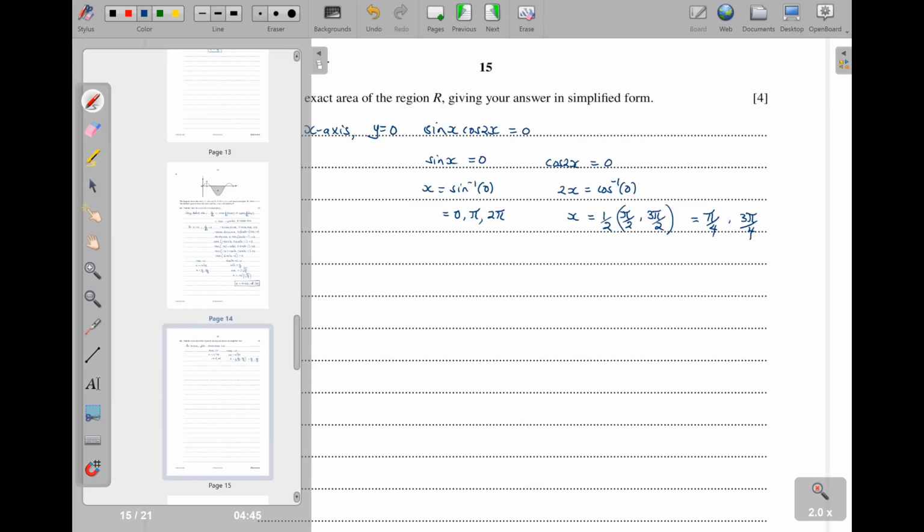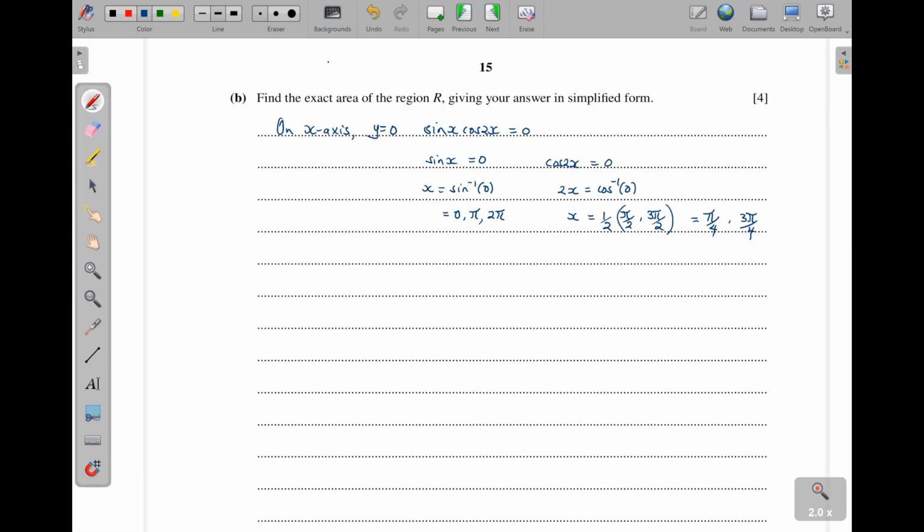So meaning that our shaded area is going to be equal to the integral. Now from this to that, those are our values. So from pi over 4 to 3 pi over 4, and we are having here sine x times the cosine of 2x with respect to x.